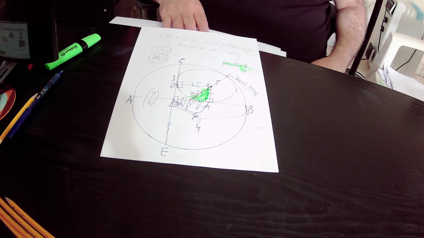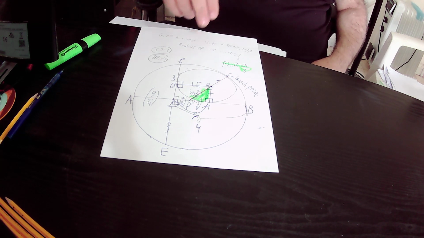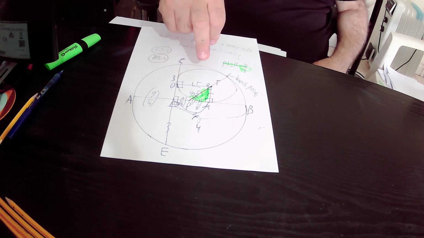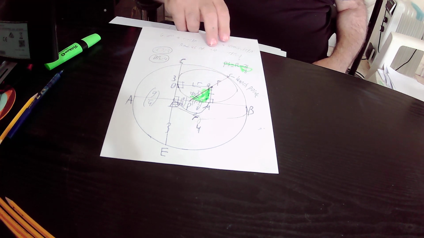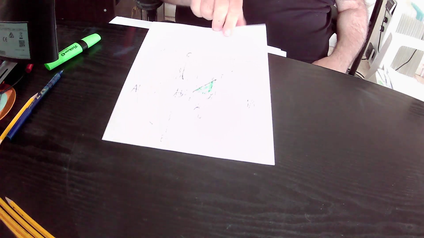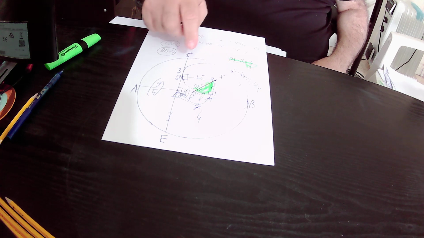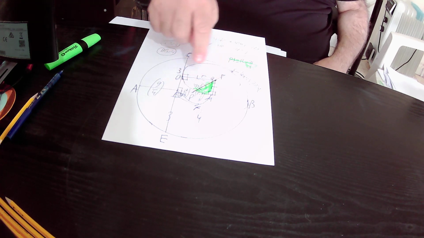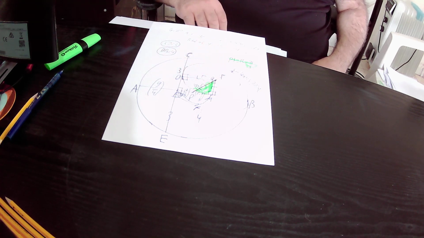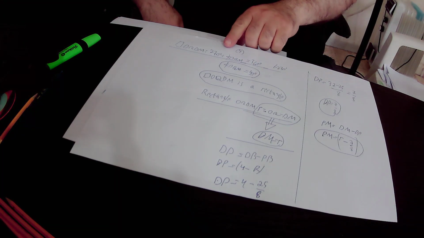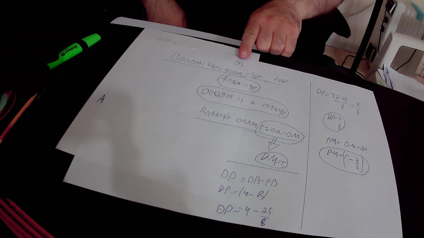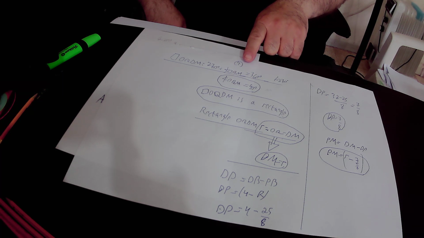So actually, in quadrilateral OQDM, we have 1, 2, 3 right angles. And the sum of 3 right angles is 90 times 3 is 270 degrees, plus the size of the fourth angle, that is angle OQM.